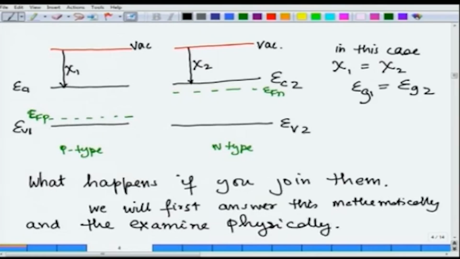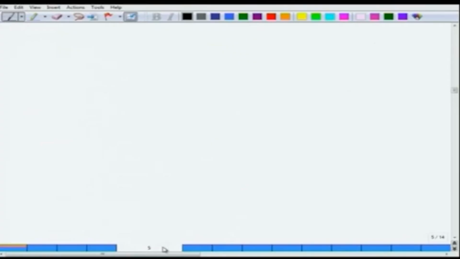First, we will examine this question, what happens if you join them. Where I am taking you is, I am going to prove that these two energies must become the same, they must become equal. That is what I am trying to take you to, and we will see why this happens. So, first we will answer this question mathematically, and then we will examine it physically as to why this should happen. So, let us do that.